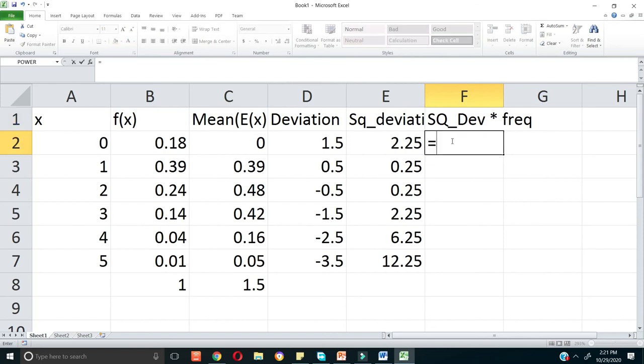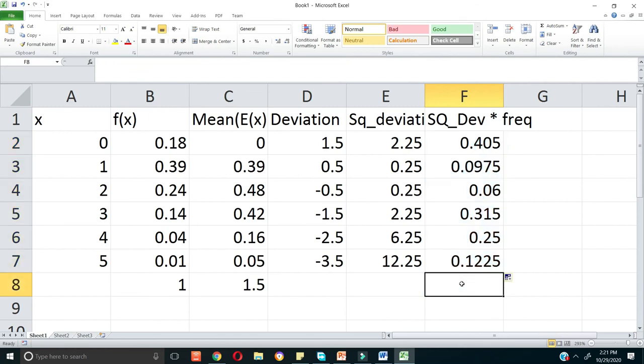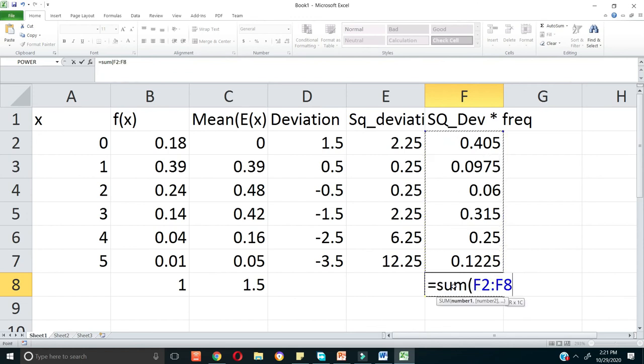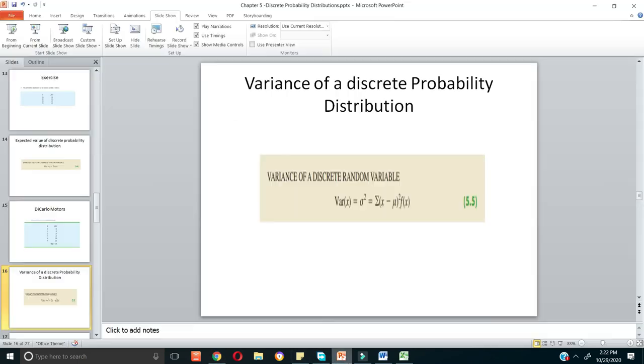So this is the squared deviation multiplied by the frequency, and you want to get the sum of this, to get you the variance.